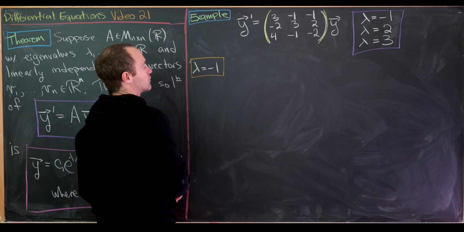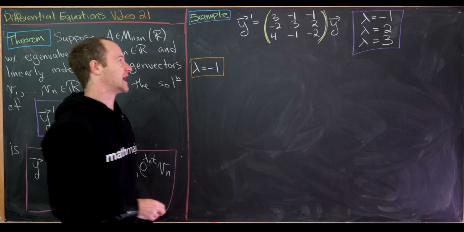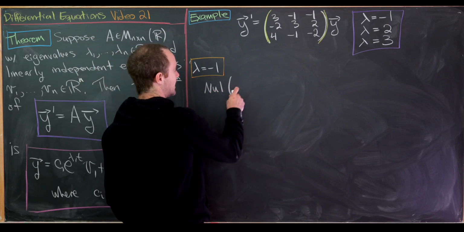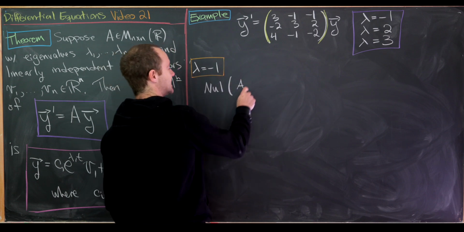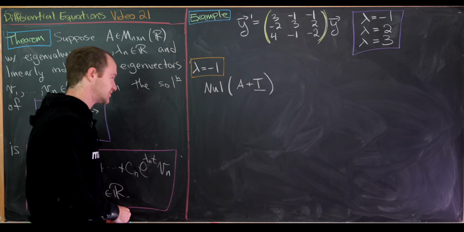Okay. So recall, in order to find the eigenspace related to this eigenvalue, what we really want to look at is the null space of A minus this lambda times the identity matrix, which turns into A plus the identity matrix.